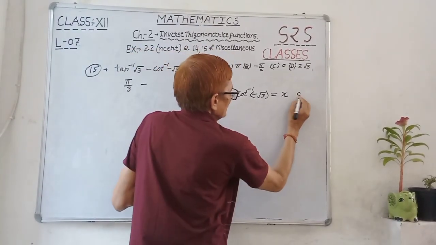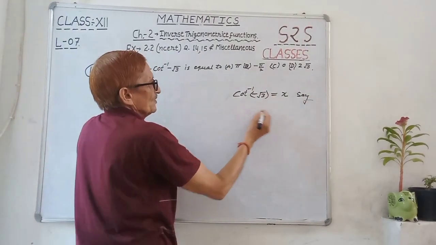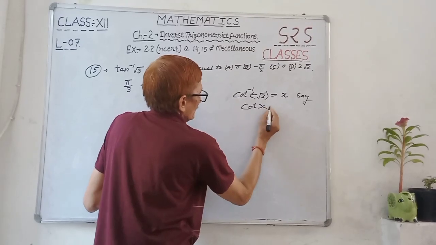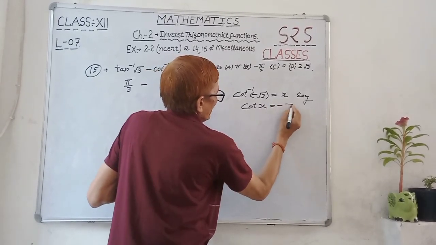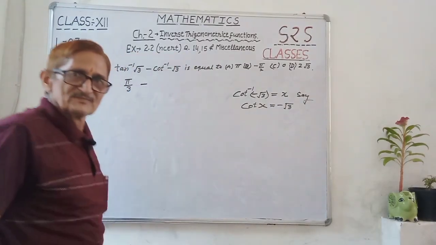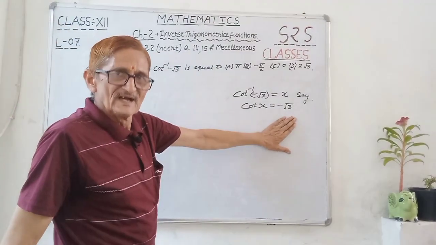Then cot x is equal to minus root 3. Now cot x is negative, so x will be in which quadrant?